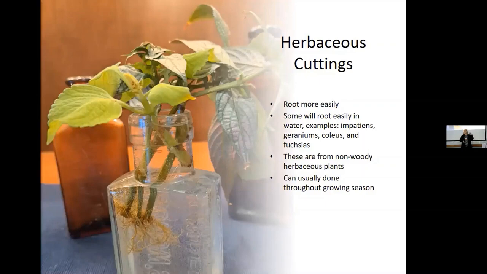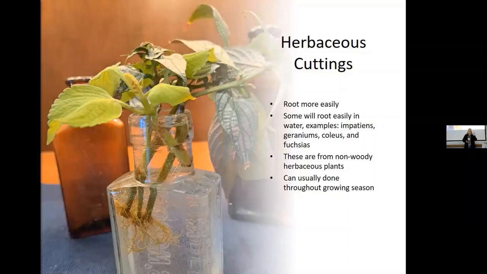You're going to cut those about 1/2 inch below a leaf node. You want about a 3 to 5 inch section of stem, and for the herbaceous, you don't really need to use the rooting hormone, but you can, it won't hurt anything, and put that into your rooting medium.